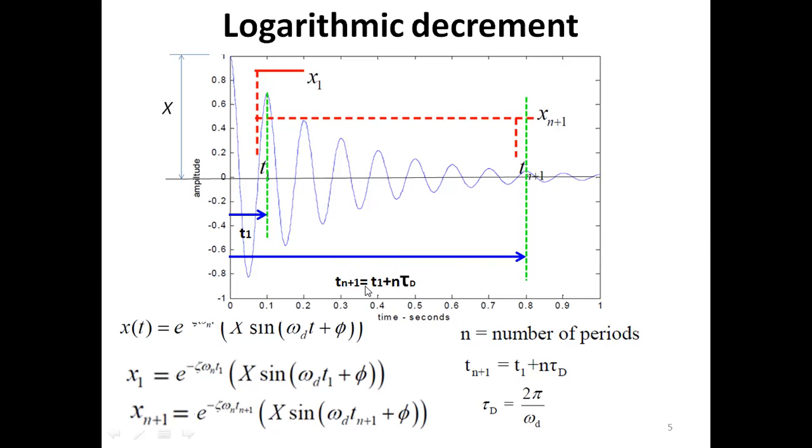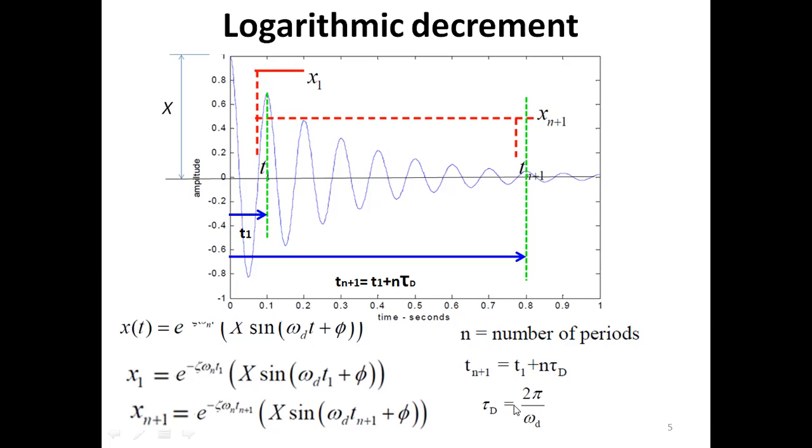Time t n plus 1 could also be written as t1, because the time up to here is t1, plus the time between n periods, and the time between n periods is actually n times Td, where Td is the time period of the damped vibrations.